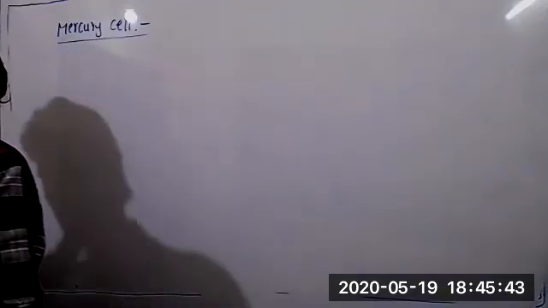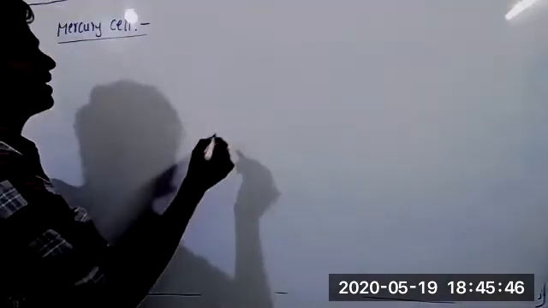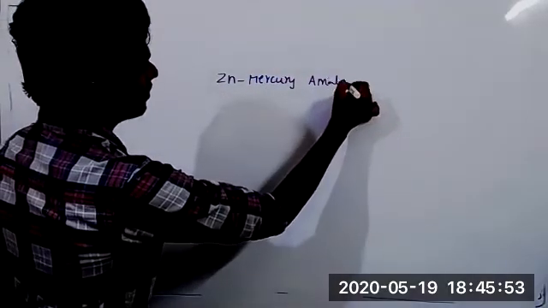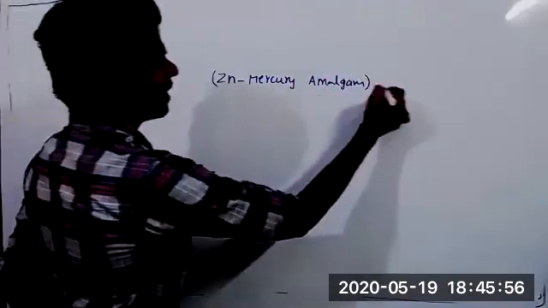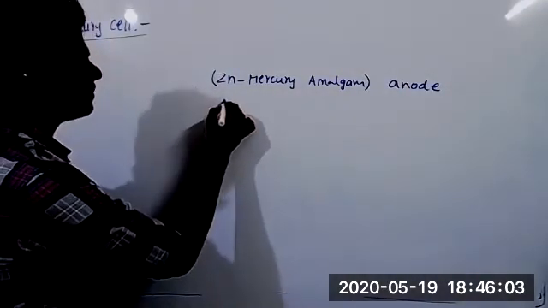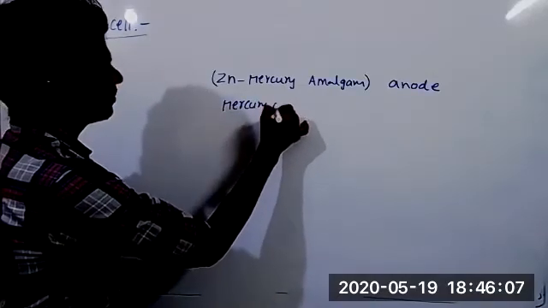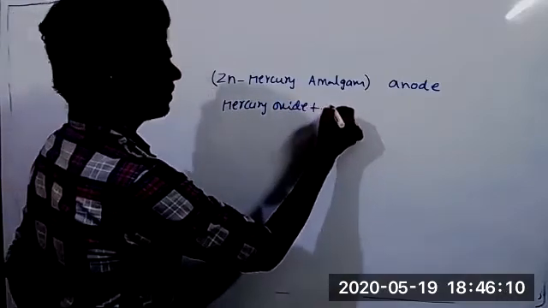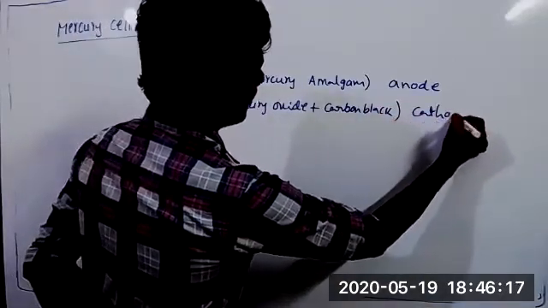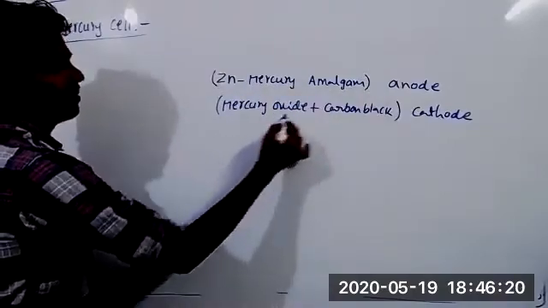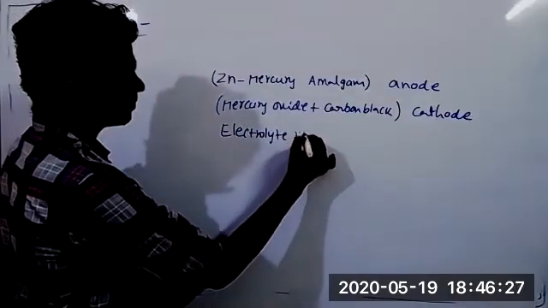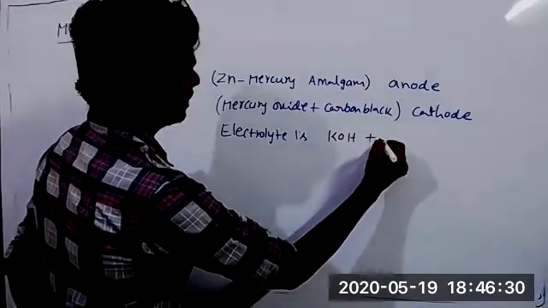In the mercury cell, zinc mercury amalgam acts as the anode, and mercury oxide with carbon black acts as the cathode. The electrolyte is potassium hydroxide and zinc oxide.